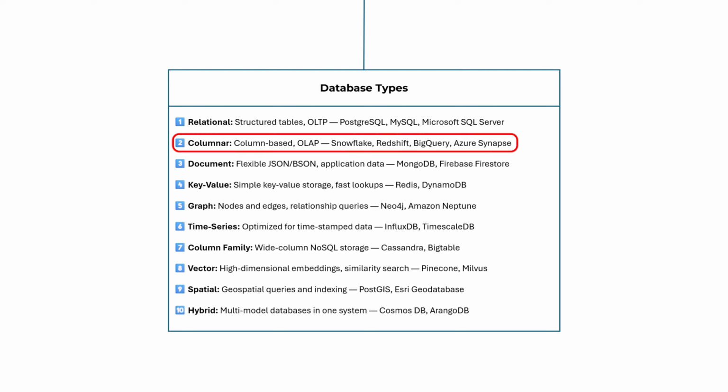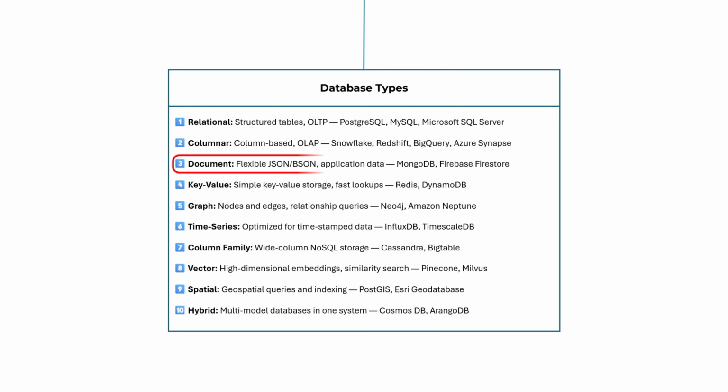If your focus is on BI or analytics over massive data sets, where read performance is prioritized over write performance, then a columnar database like Snowflake, BigQuery, or Amazon Redshift can deliver fast, high-performance queries. And if your data is semi-structured or requires a flexible schema, then a document database like MongoDB, Firestore, or Couchbase makes it easy to store, manage, and query that data efficiently.